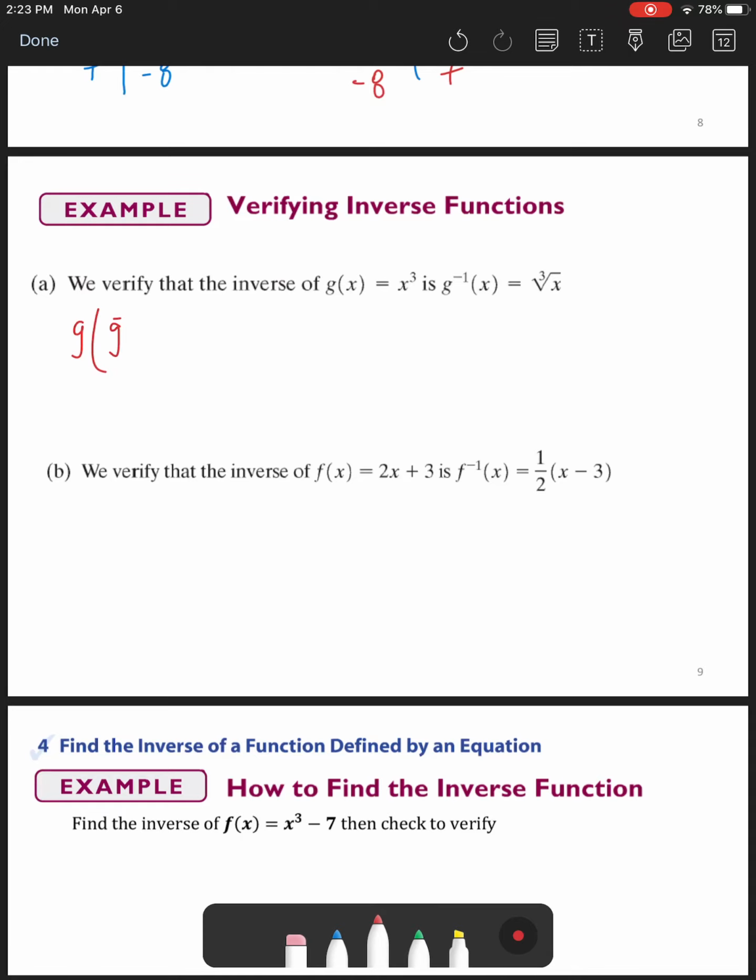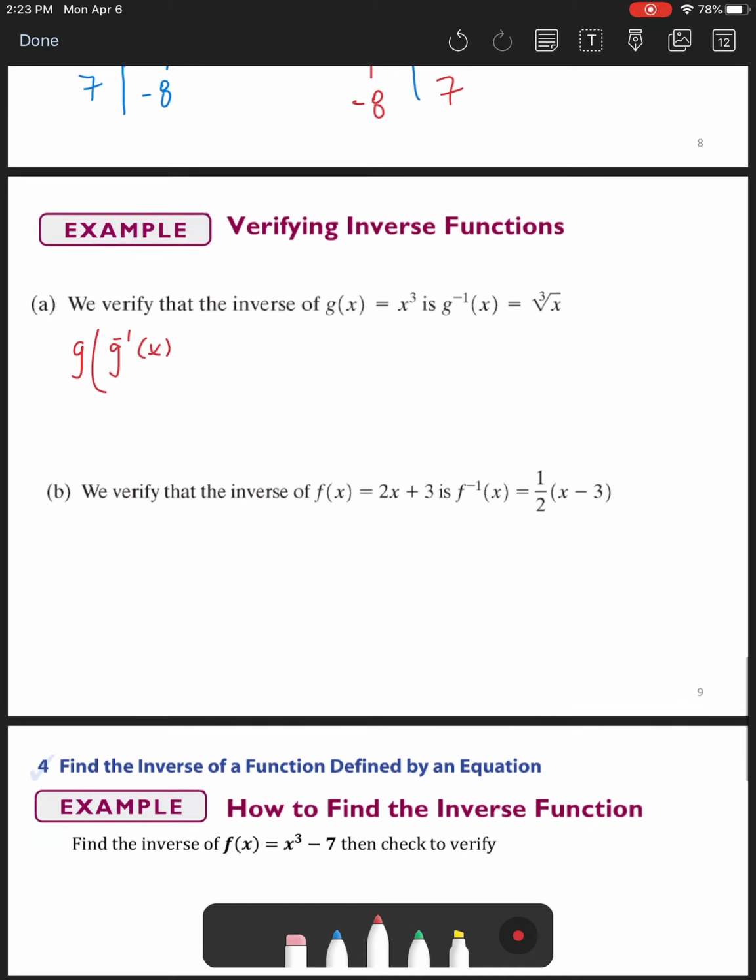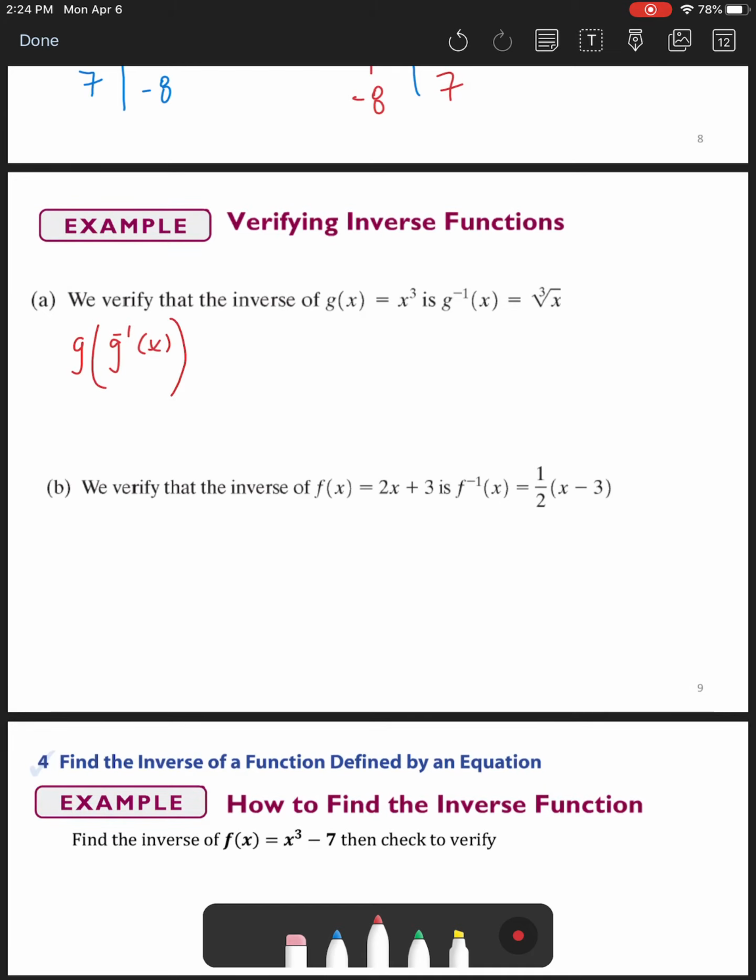g of g inverse of x. We're going to input g inverse of x inside of g.